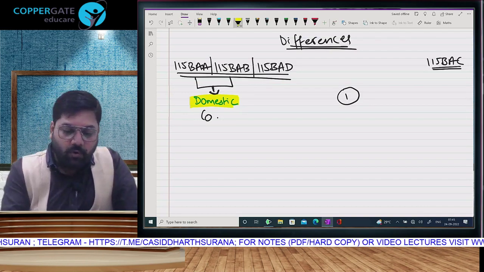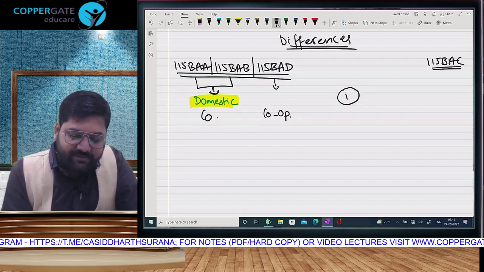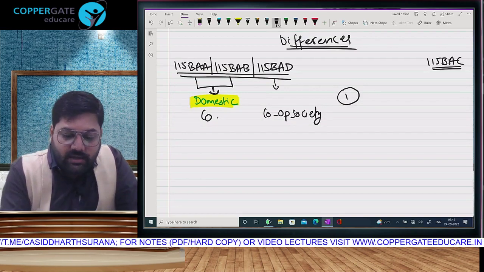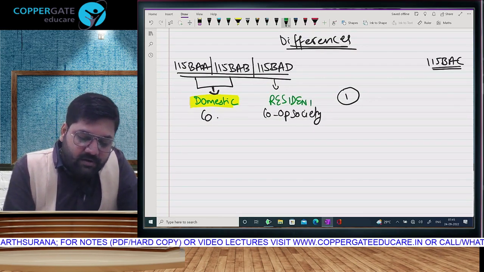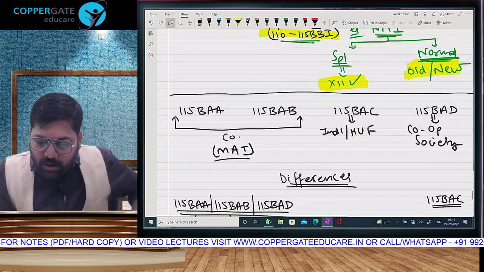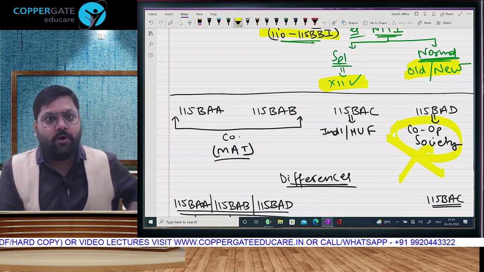BAD, if you open the section, it is talking about cooperative society. Yes or no? But along with cooperative society, they have written the word resident cooperative society. Hey, here bro. BAD is not for cooperative society, it is for resident cooperative society.